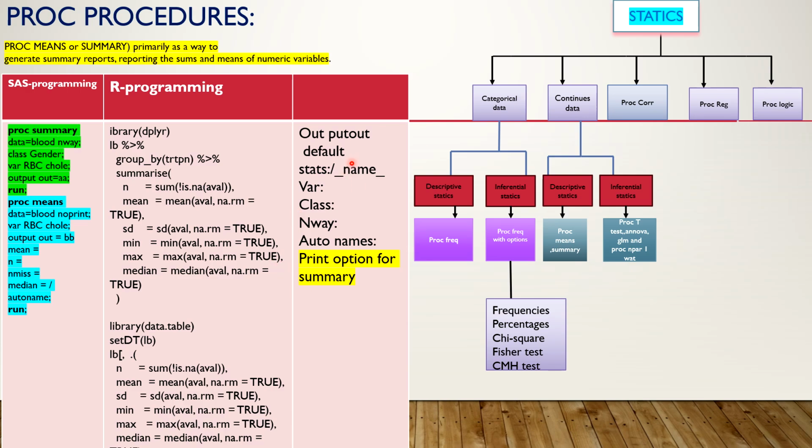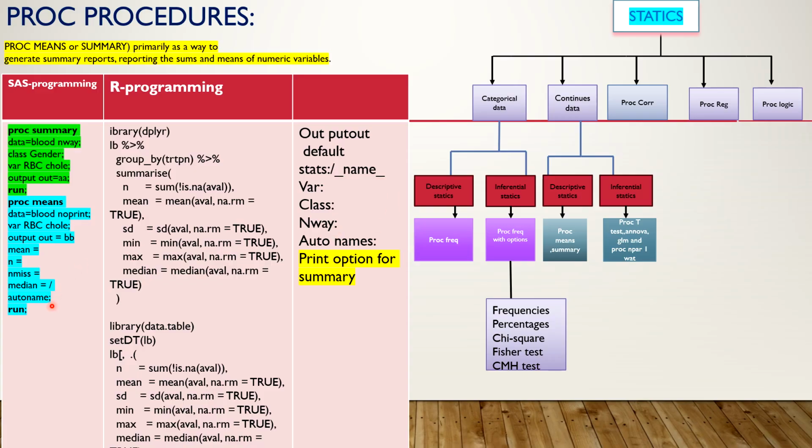Here output is used to mention the new data set name. Here also _name_ is the default variable. The where statement is used for choosing which variable you want descriptive statistics for. Class will sort the data, so no need to write proc sort separately.